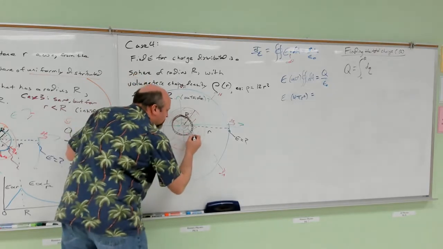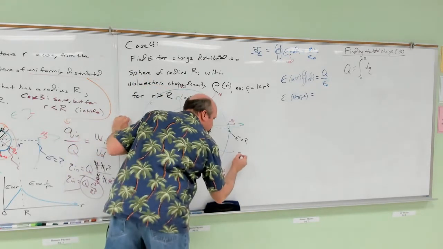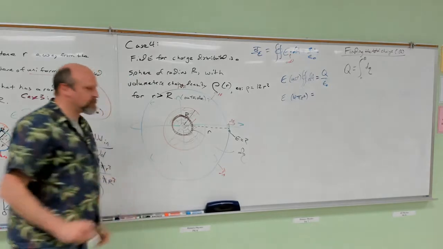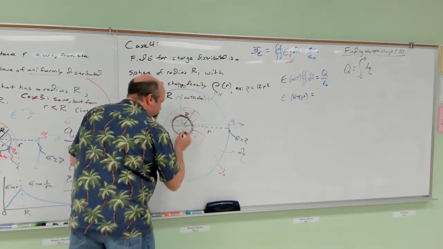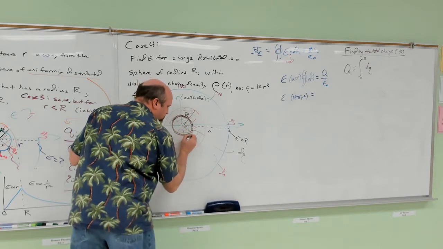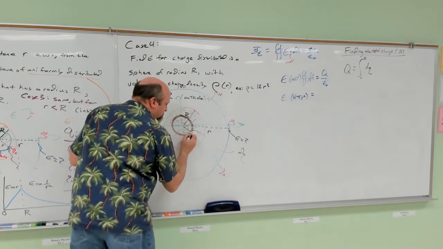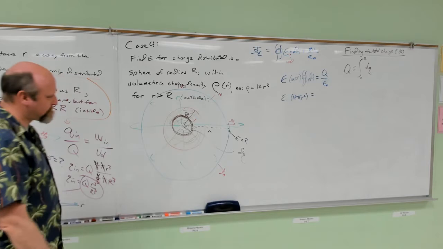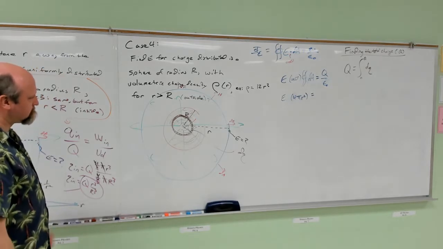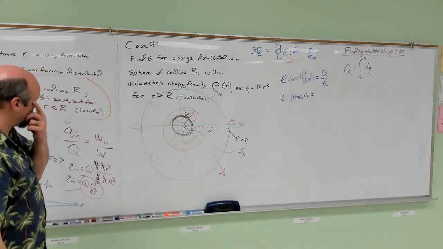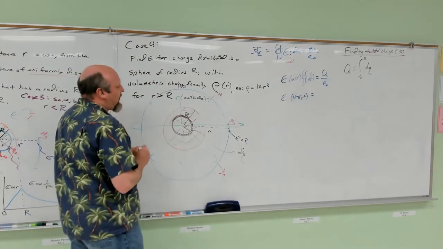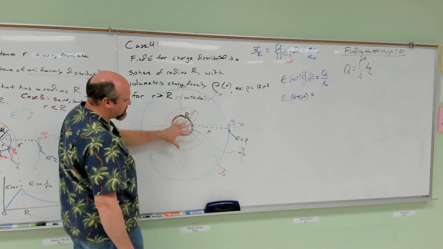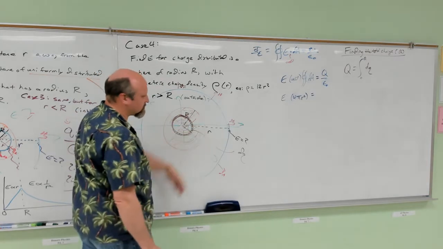That little guy right there contains a charge, dq. That little guy has some radius here, right? And so what I want to do is add up all the little dq's for all the little bits here so I can find out what the total charge of the sphere is.